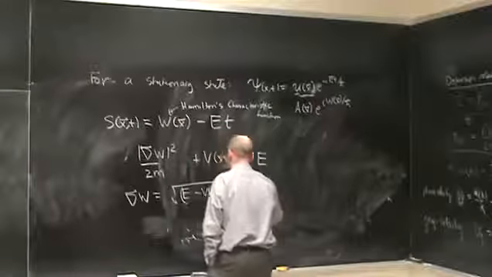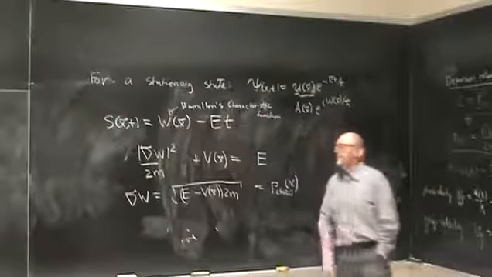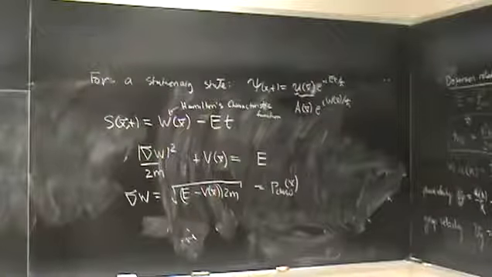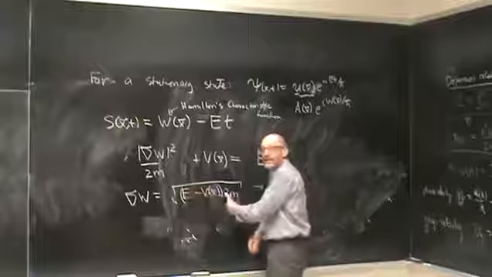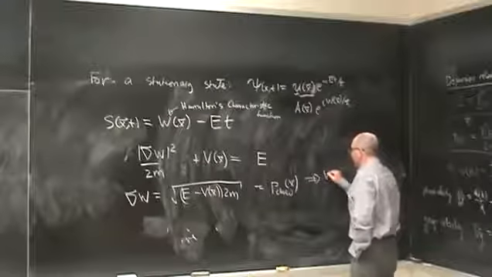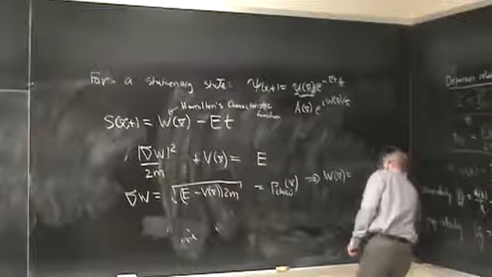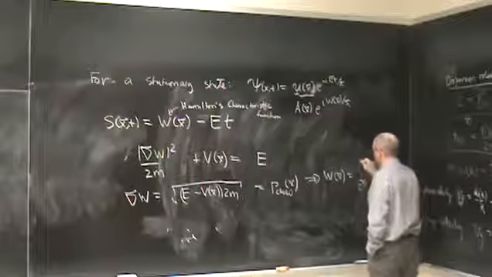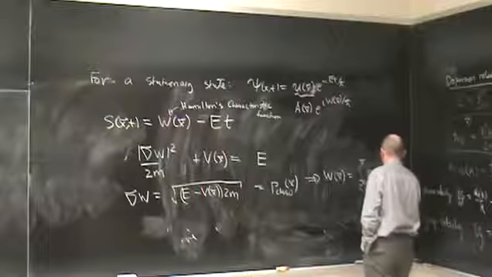That is to say, this is the classical momentum at that position. Right? Because you subtract the potential energy, you get the kinetic energy, this is the momentum. So that tells me, integrating this, that W of x is the integral of this over some path from some initial point to some final point, p classical of x prime dx prime.